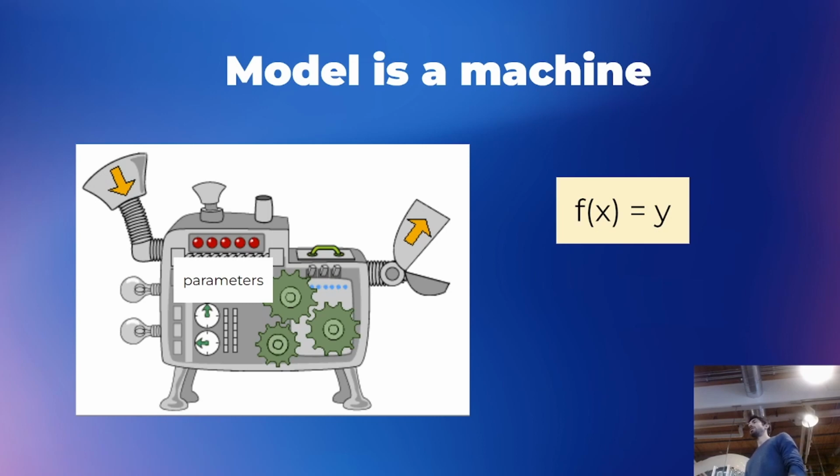And if we want to be more specific, we can call this machine a mathematical function. I don't know if you're familiar with this, but f of x is equal to y. This is a mathematical function, where x is the input and y is the output. Specifically, there are some gears inside that can be tweaked and adjusted, and these are the parameters.